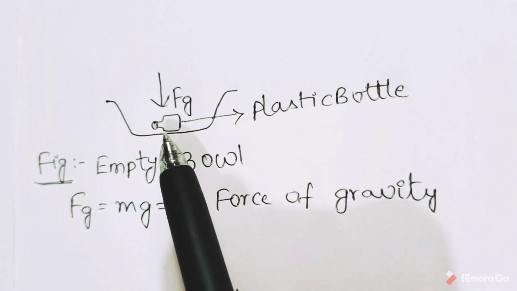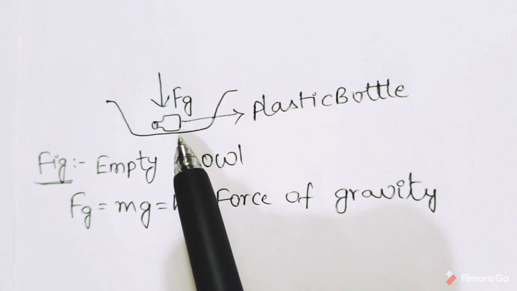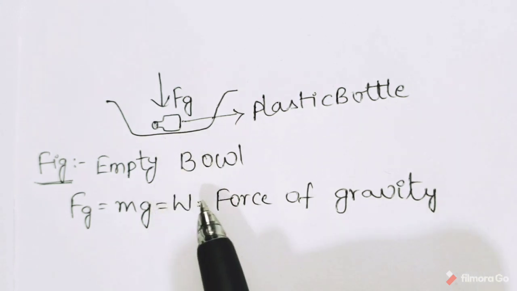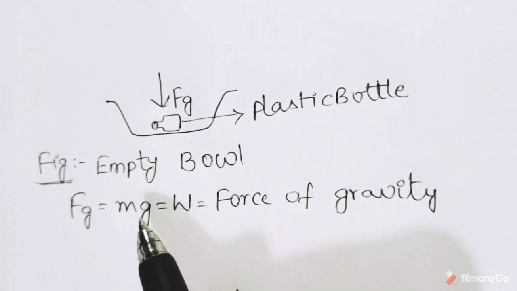When we drop a plastic bottle inside an empty bowl, it reaches the bottom of the empty bowl. Why? Because of the force of gravity. The plastic bottle has some weight. Weight W is mg, mass multiplied by the acceleration due to gravity.